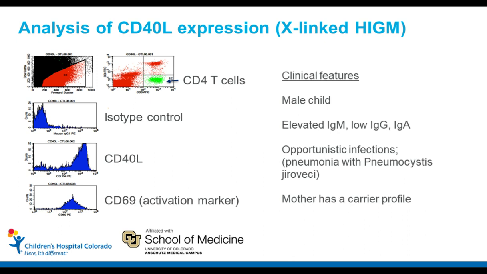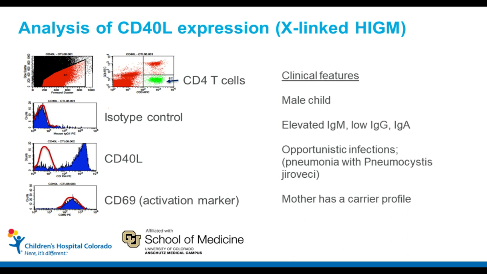Now, this is important because if the T cells have not activated well in this test and CD40 ligand expression is absent, the test result is inconclusive. We need to know that the cells have been activated and do express CD40 ligand. So how would these results look in a patient with CD40 ligand mutations?